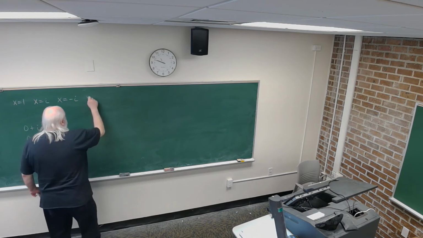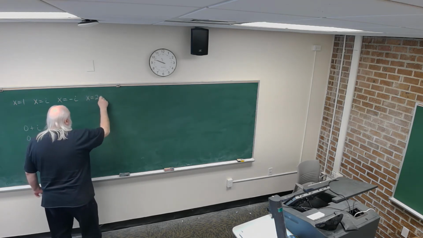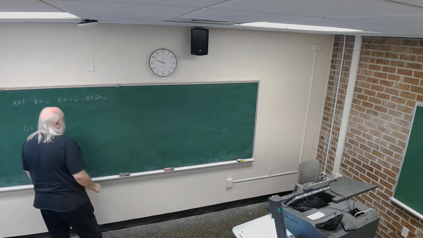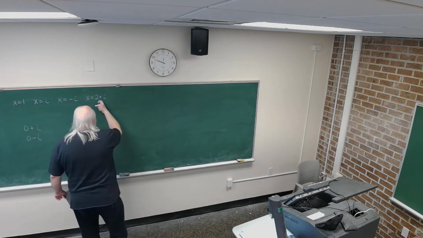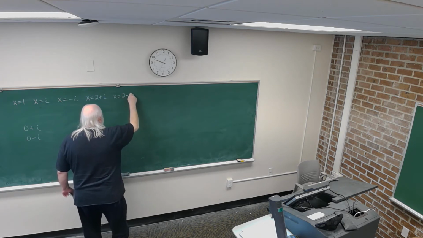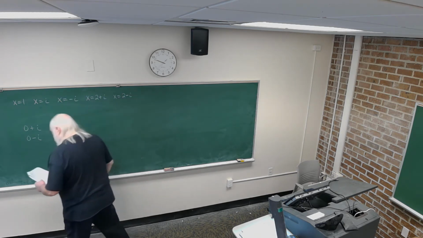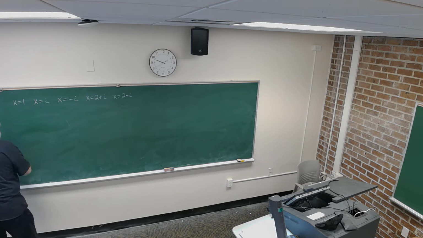And then we're given x equals 2 plus i is a zero of the polynomial function. So the conjugate of 2 plus i is 2 minus i. So those are the 5 zeros of our polynomial function.